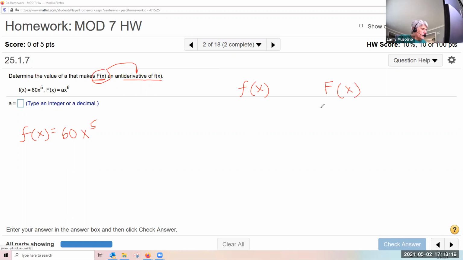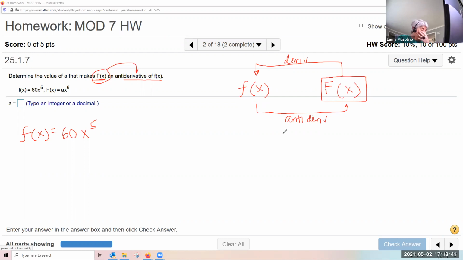One way to think about this is if I take the derivative of capital F of x, it's going to get me back to lowercase f of x. If I take the antiderivative of f of x, I get to capital F of x.